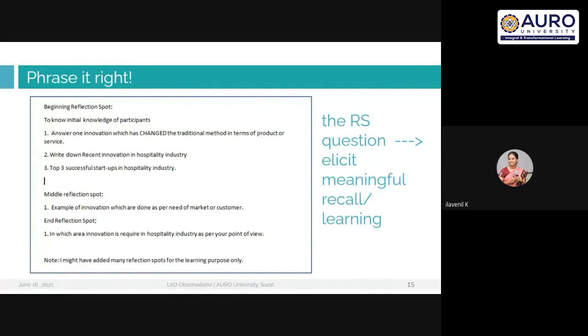The purpose of this was to include the initial knowledge of the participants. So let us take that reflection spot activity to the fullest. Suppose this learner who is watching the video has thought of 3 successful startups in the hospitality industry. Is that the purpose of the reflection spot? Did we just want them to recall the 3 successful startups?